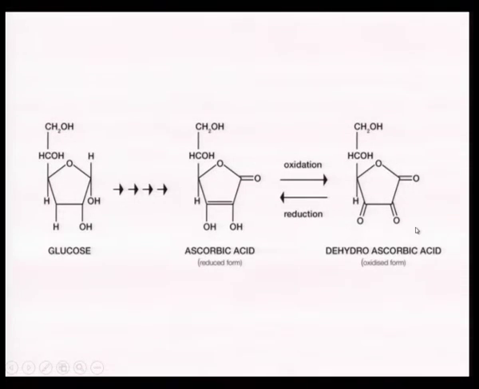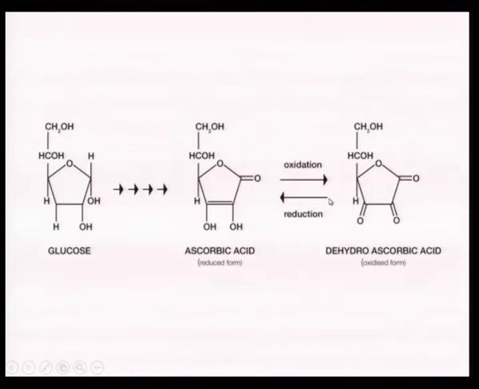Either removal of hydrogen or addition of oxygen is called oxidation. In this case, in oxidation of vitamin C, you find there is removal of protons, which is depicted in this structure as dehydroascorbic acid. So, ascorbic acid oxidation results in dehydroascorbic acid.